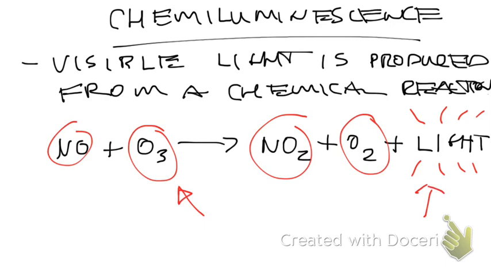That's actually what the analyzer that we're going to be talking about is measuring. The more light being produced means that we have more of these two reactants.